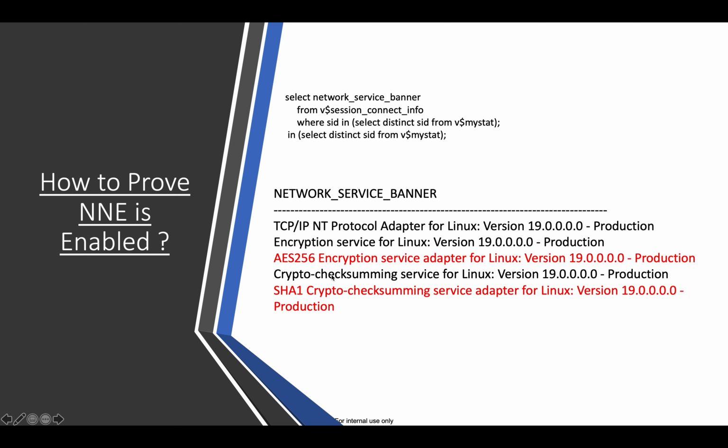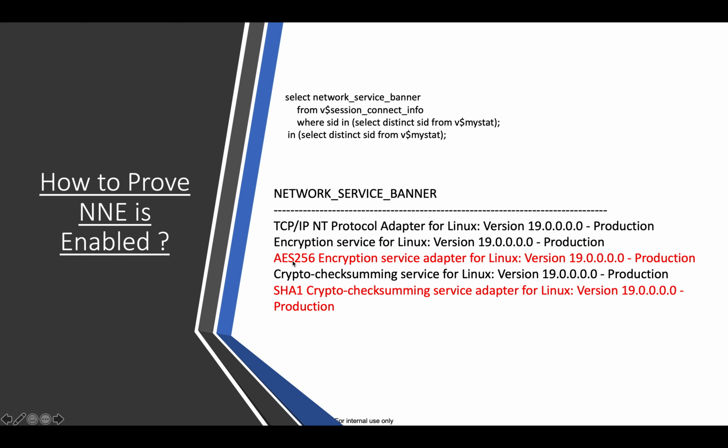The main thing to notice with NNE is that when you display the banner, you should actually see the algorithm, like AES 256 encryption service adapter for Linux. This one is more related to the encryption side of things. And the second one, crypto checksumming and crypto checksumming service adapter, is related to the data integrity side of things.